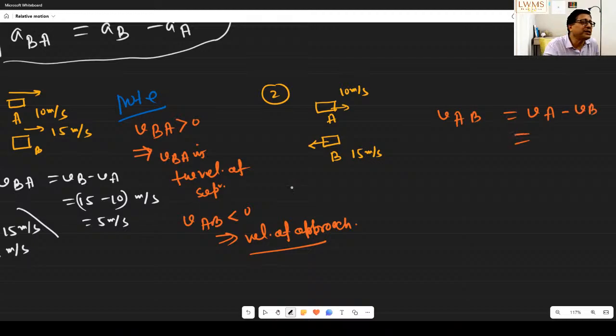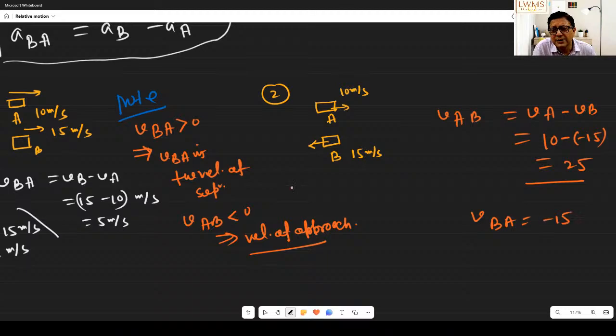Towards right, velocity in 1D we take as positive. 10 minus of minus 15, this is 25. This is separating. And here VBA will be minus 15 minus 10. This is minus 25. Clear? So this part is minus 25.